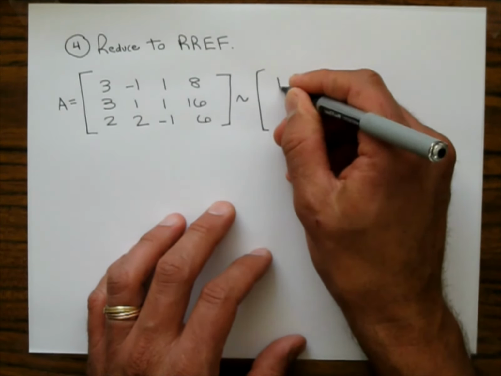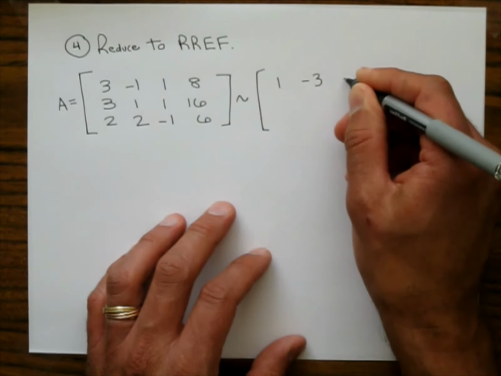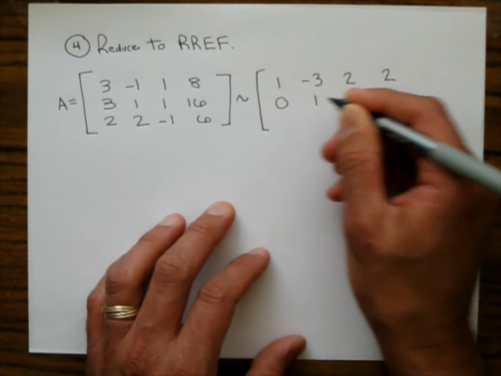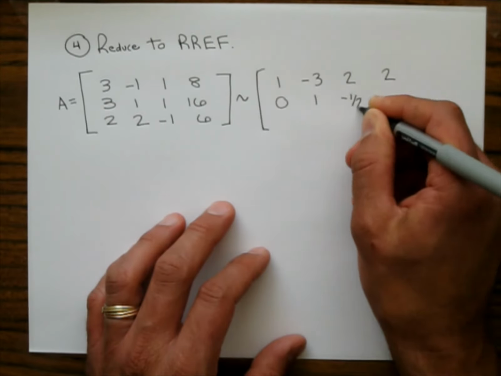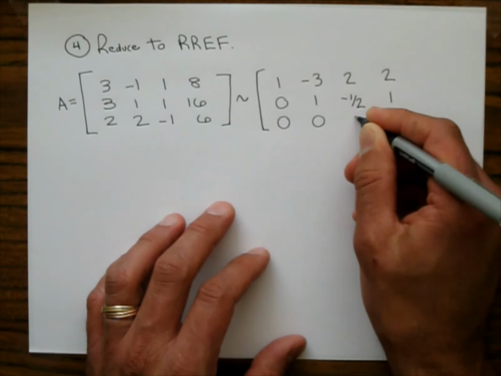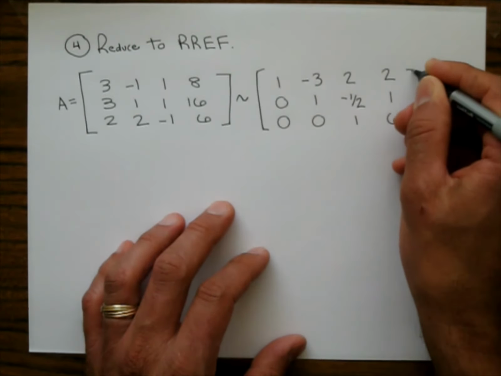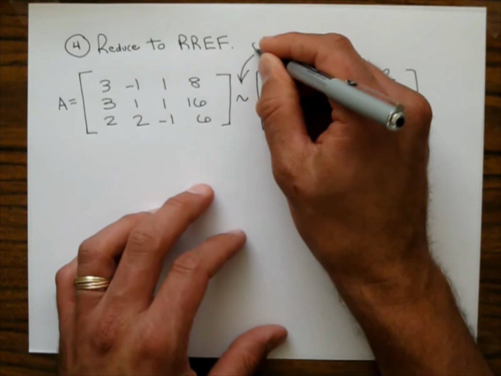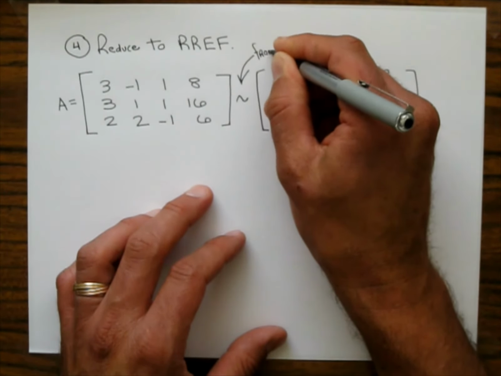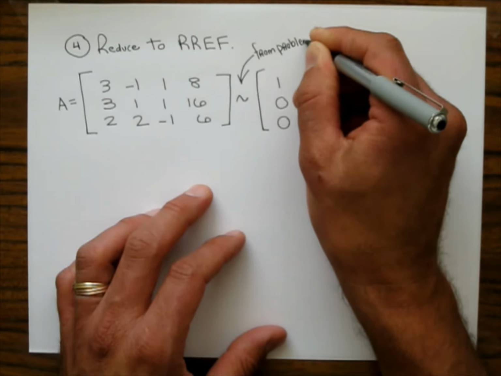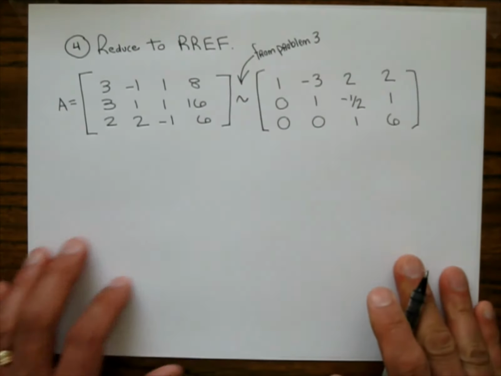I have 1, -3, 2, 2, 0, 1, -1/2, 1, 0, 0, 1, 6. So this is from the last problem, from problem 3. Okay.